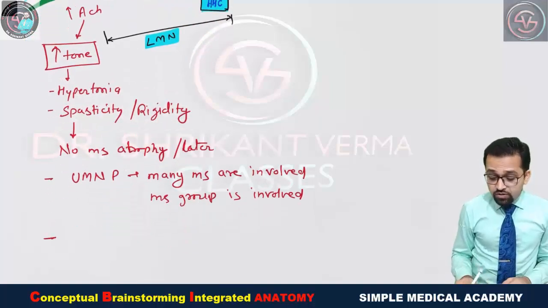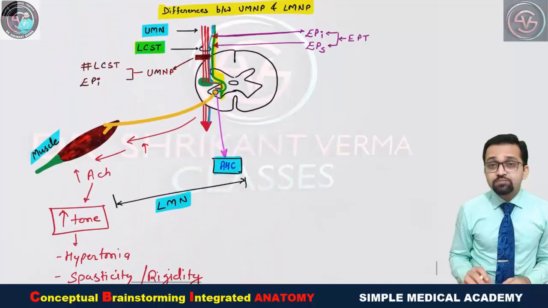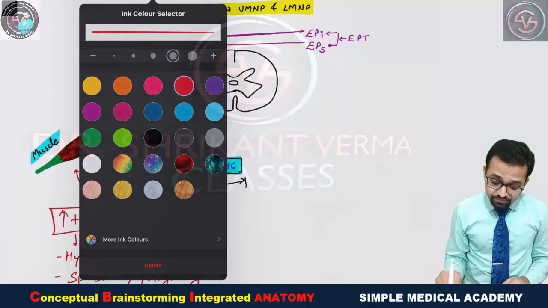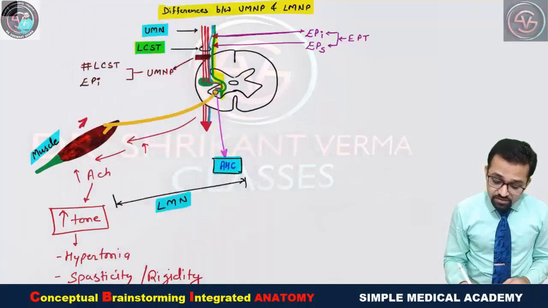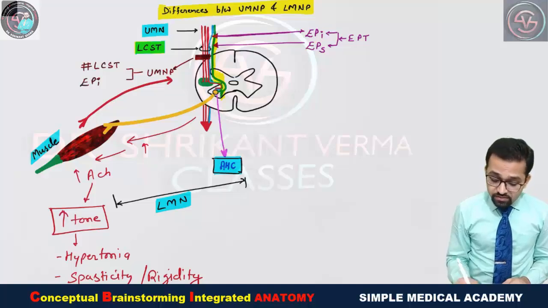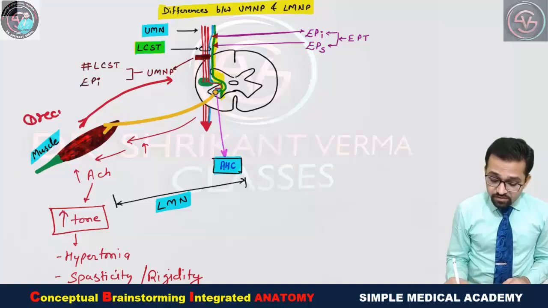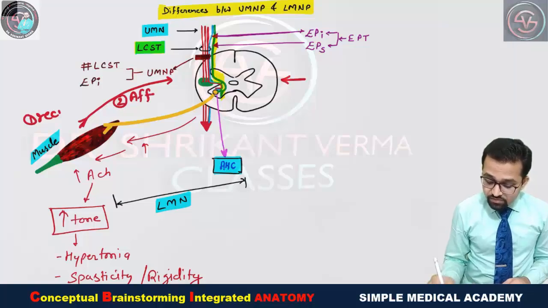Because there is no damage to the reflex pathway. You know the reflex pathway, how it is formed, I will tell you in a different diagram. There is a receptor, then the afferent which goes to the spinal cord. Here is the receptor. Then second is the afferent for the reflex pathway. Third is the center.